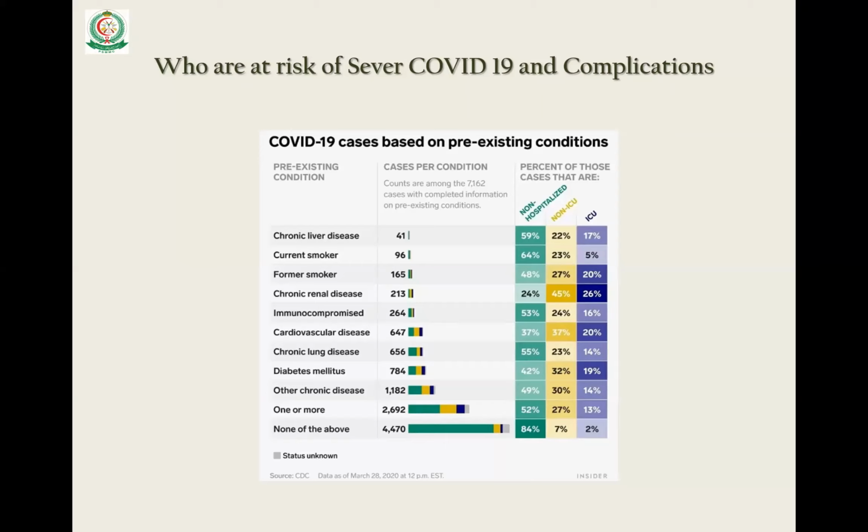Down in the bottom of this graph, you can see that 2/3 of these patients, around 4,470, did not have any comorbidities. So as expected, the majority, 84%, did not require hospitalization, 7% only required hospital admission without ICU, and 2% required ICU admission.